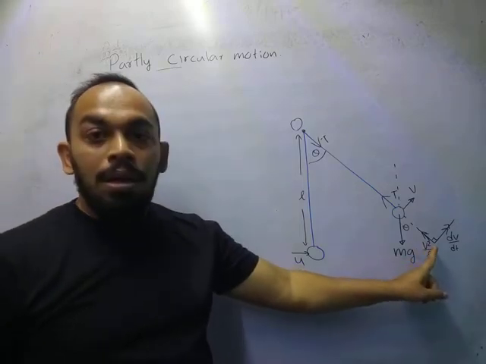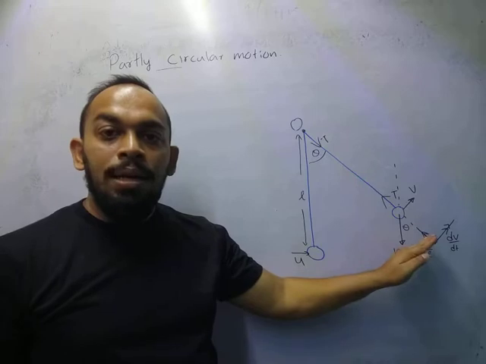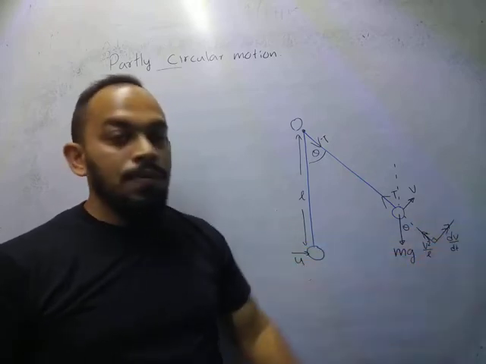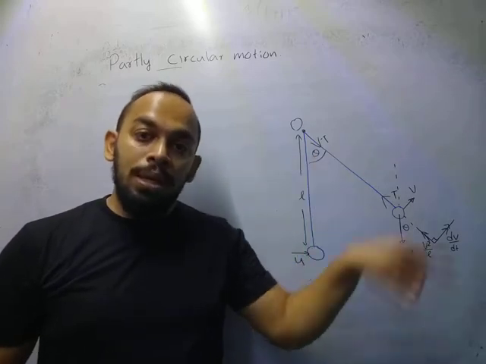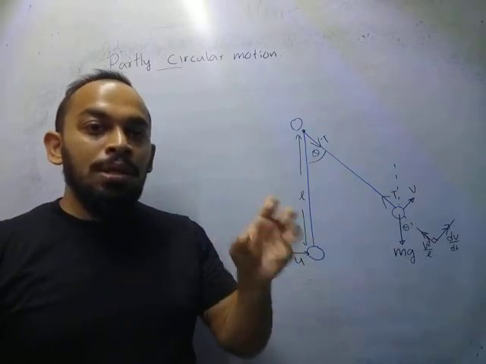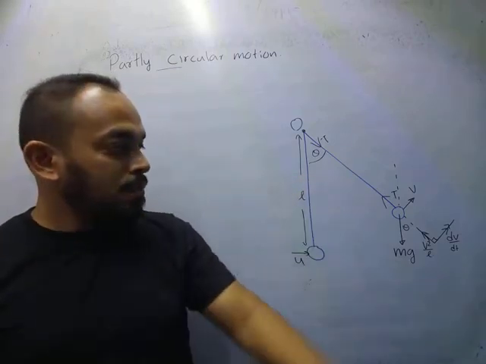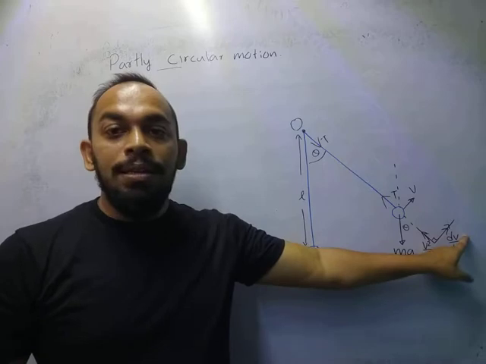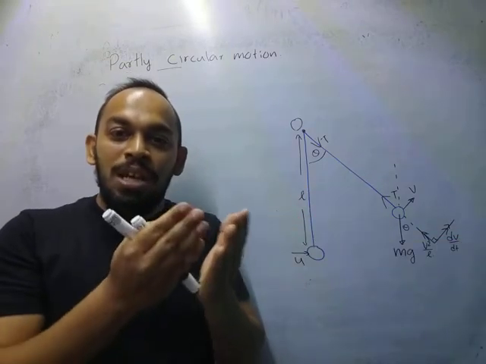So the centripetal acceleration is v squared over L, tangential acceleration is dv by dt. So we have two acceleration types when it comes to vertical circular motion. If it is horizontal circular motion, you know that the velocity will not change, right? Velocity will not change means dv by dt, which in simple terms means rate of change of velocity.